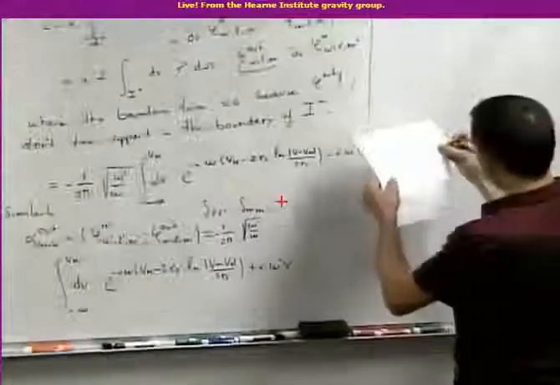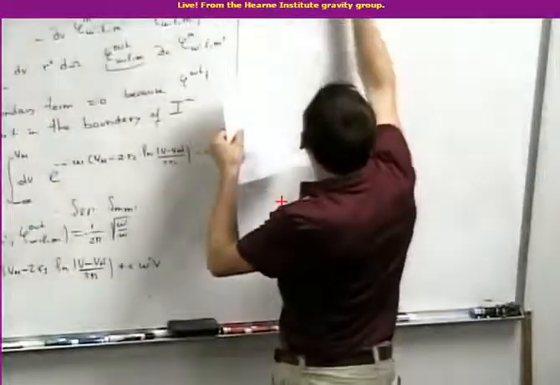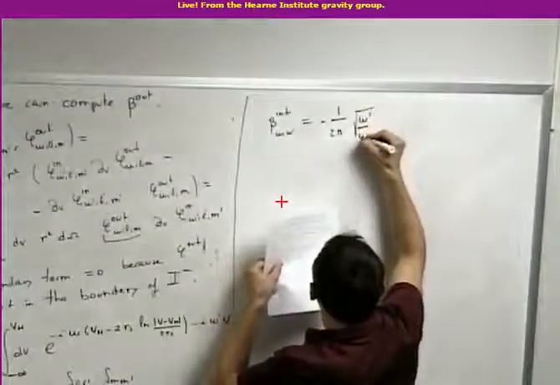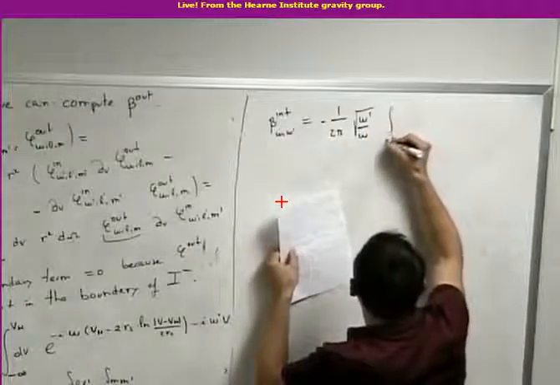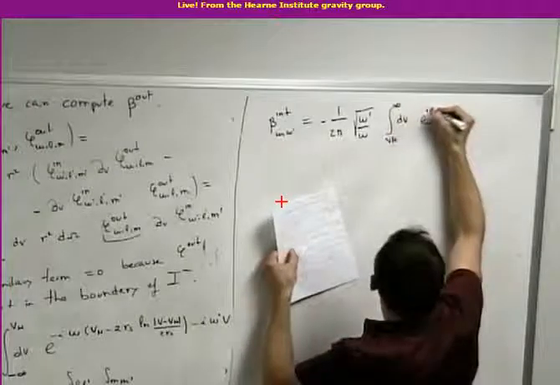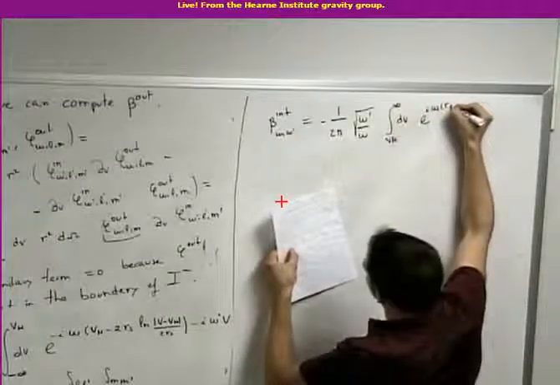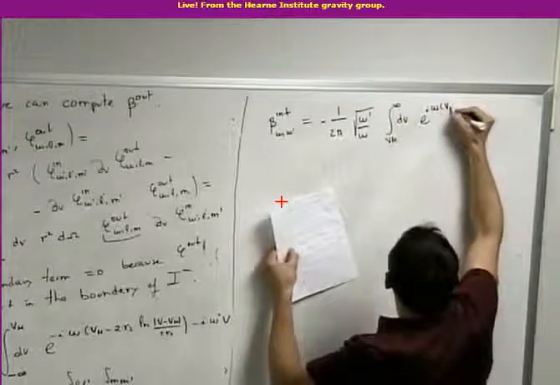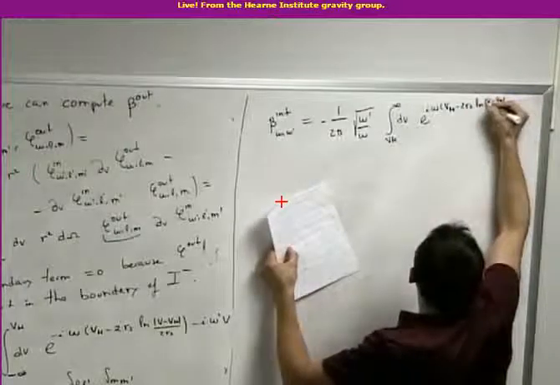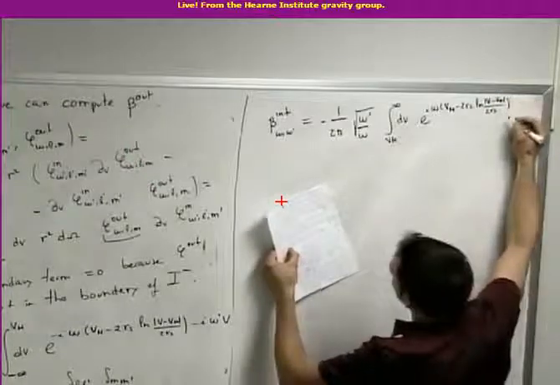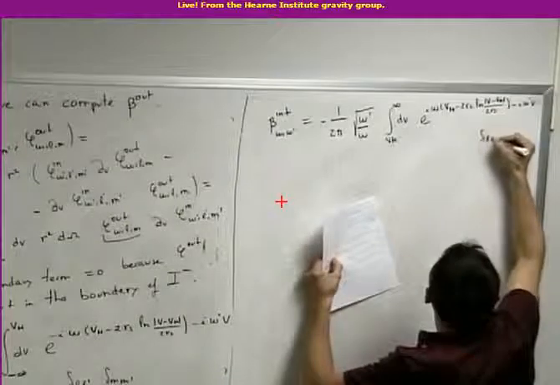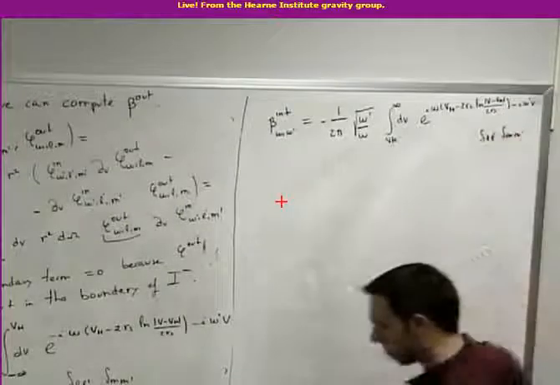Beta in. This is a bit long, but let me just write them, and we are done. All the computations are done, and we are ready to compute Hawking radiation. vh minus 2rs log of (v minus vh) over 2rs, minus i omega prime v, and also multiply by... I forgot here the deltas.